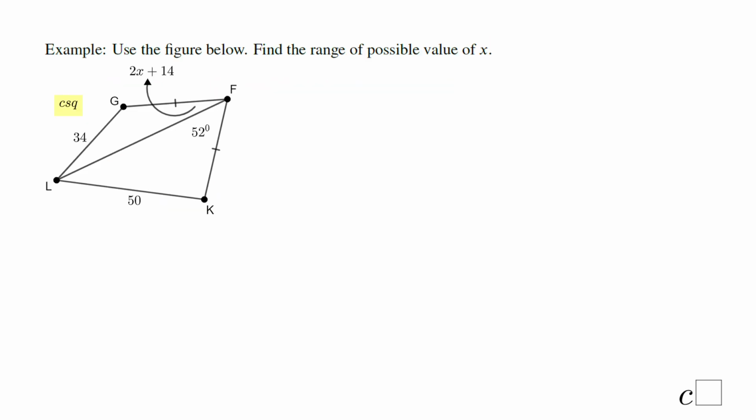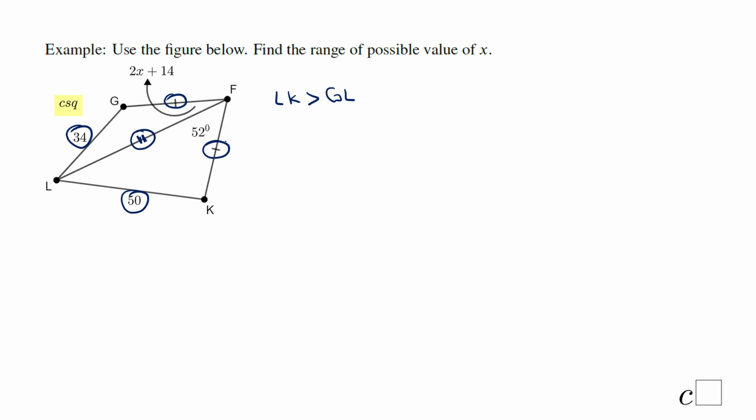A very similar problem here, however a little bit different, right? So again, we take a look, we notice these two sides are congruent. This is a common side, so we can apply either the Hinge theorem or the converse. It's going to be the converse because we have a third pair here, and we notice LK is greater than GL.